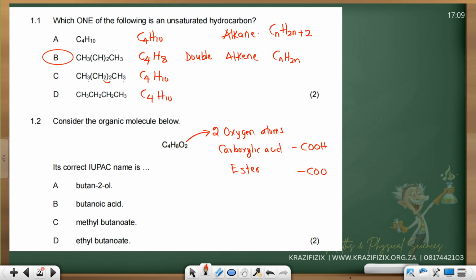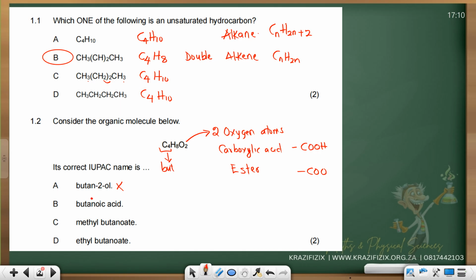And then number 2, I'm looking at the number of carbon atoms. It's 4. So already by saying it's either carboxylic or ester, I am cancelling this out. All right? Okay, so it could be either of these. But let's not run. C4 is what? Bute. Okay, so this looks like a possible option.